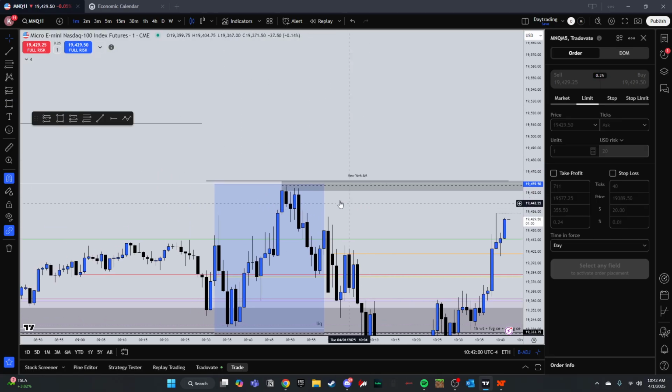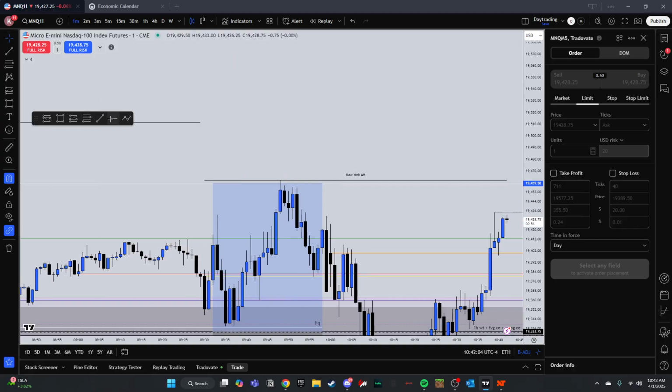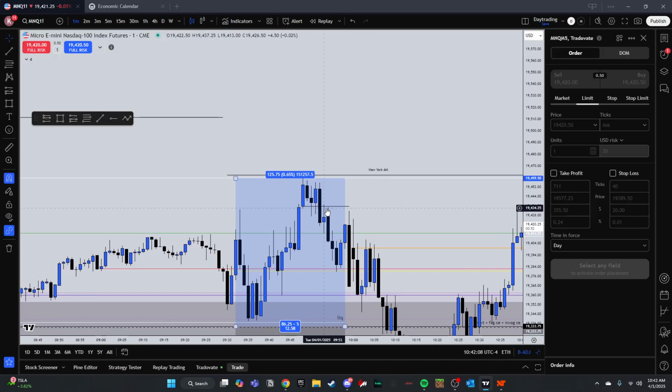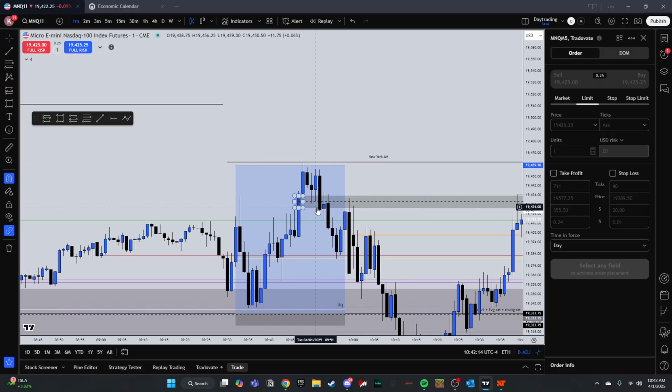We have a minute rejection block that we can enter off of, and if we miss that, we have a nice change in the state of delivery here. And then if we miss that, we have this inversion block here. So we have this inversion gap here that we could either wait for the full candle closeout and then this retest, or we could have just waited for this little close there retest.